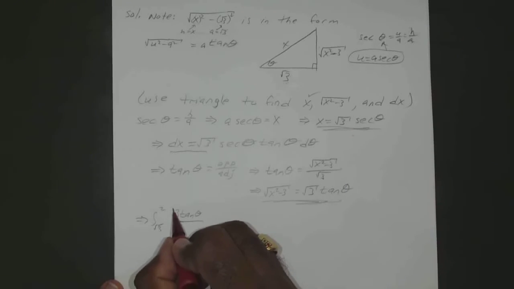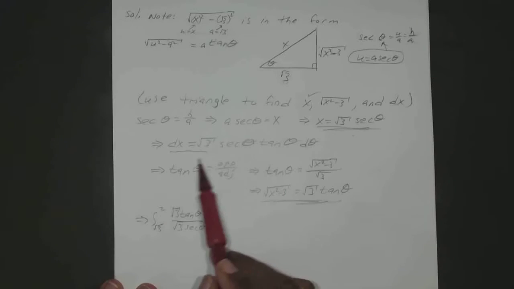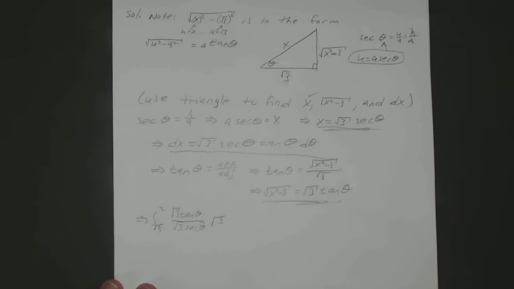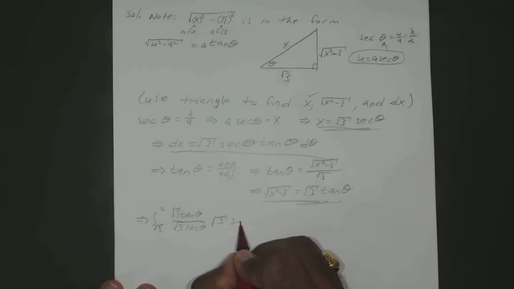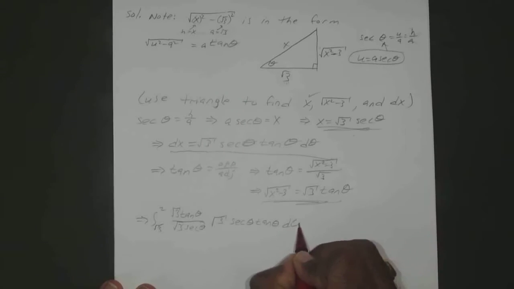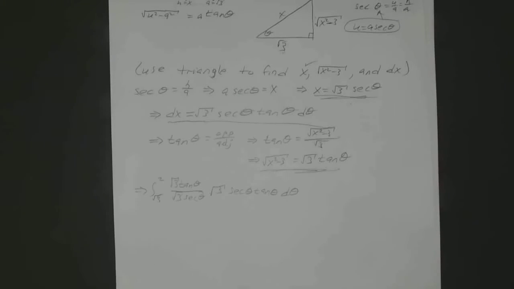Yep, left out my square root of 3. Over your x, that's square root of 3 secant theta. And your dx is square root of 3 secant theta tangent theta, with respect to theta. So we just go through and replace everything.